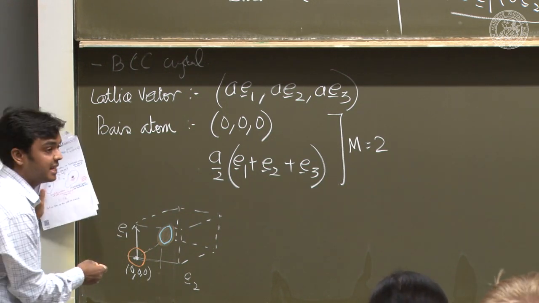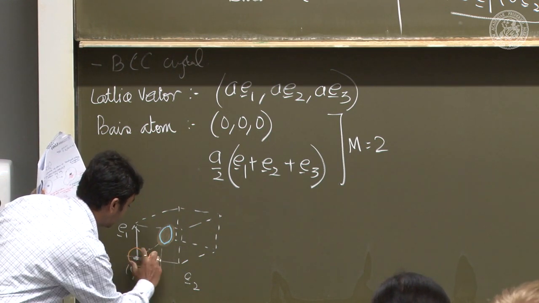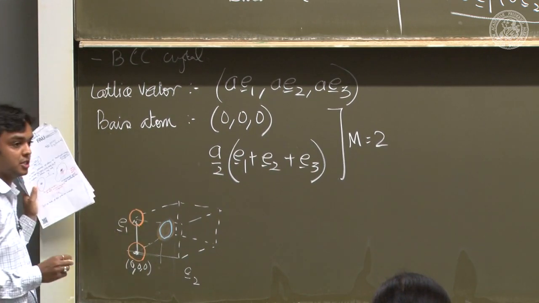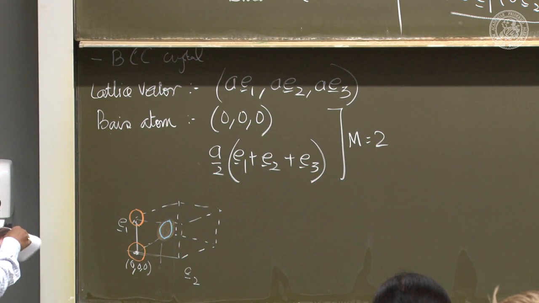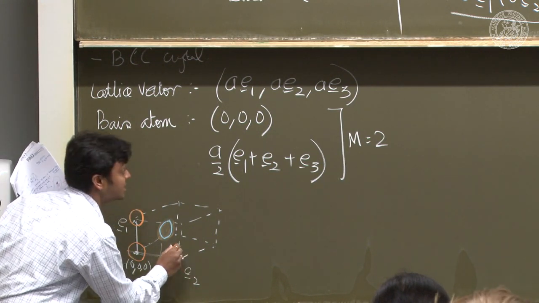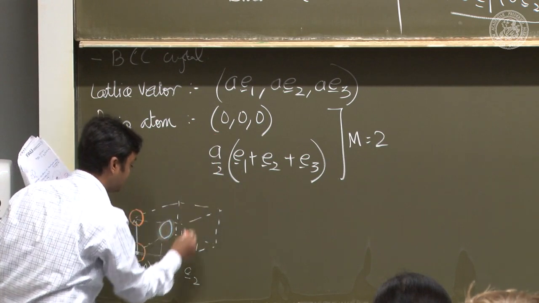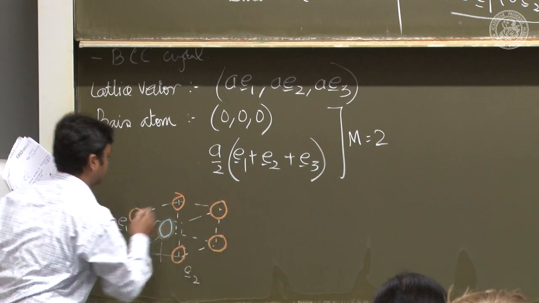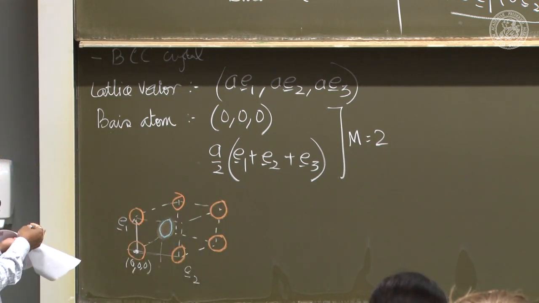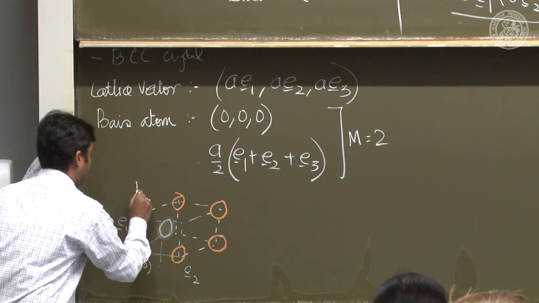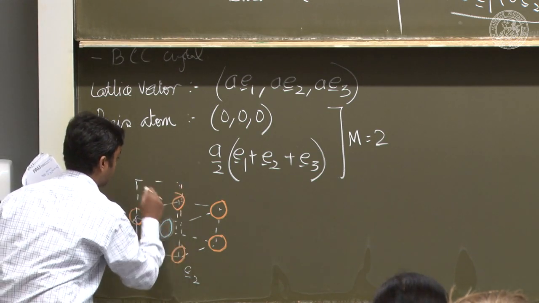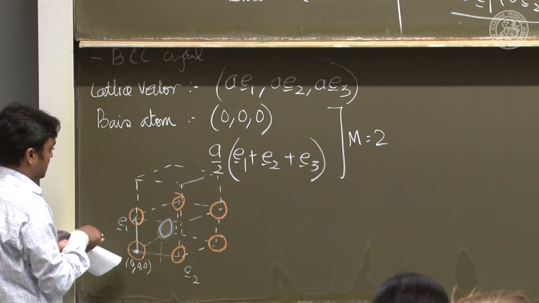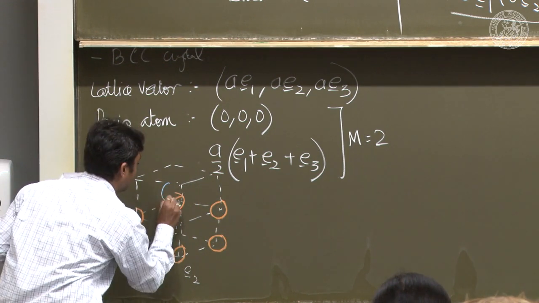Now again translate this. If I translate this in this direction, I'll form this atom here, with similar procedure. Similarly, if I translate in this direction with only one basis atom there, I'll form this, and you get again an atom here.